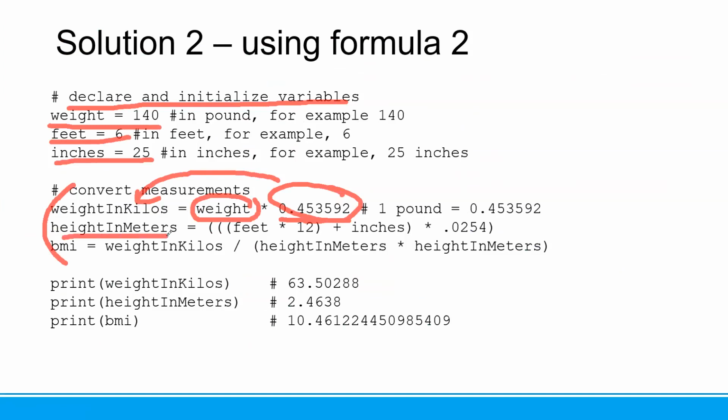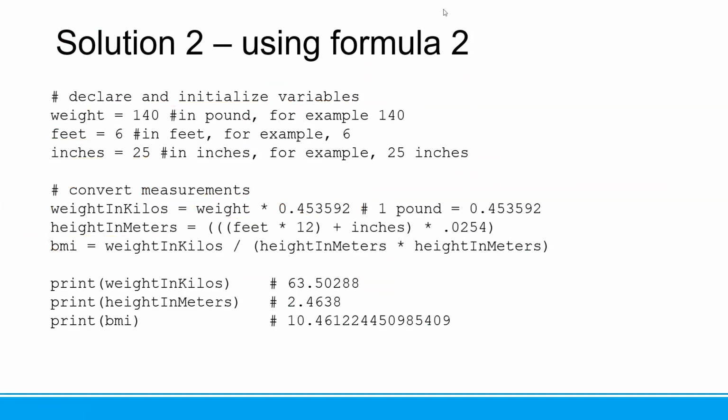The height in meters, it means we will use the same calculation. The feet multiplied by 12, it means 1 feet equals to 12 inches plus the inches, and then it will be multiplied with 0.0254 because 1 inch is 0.0254 meter.